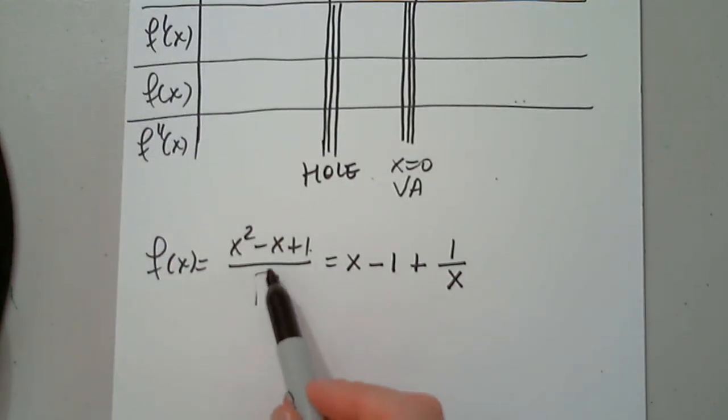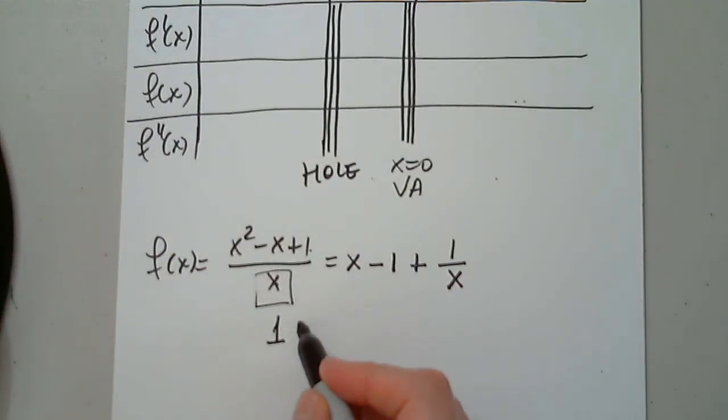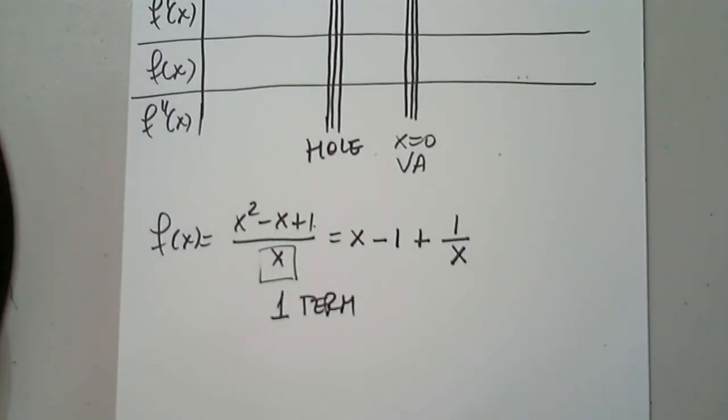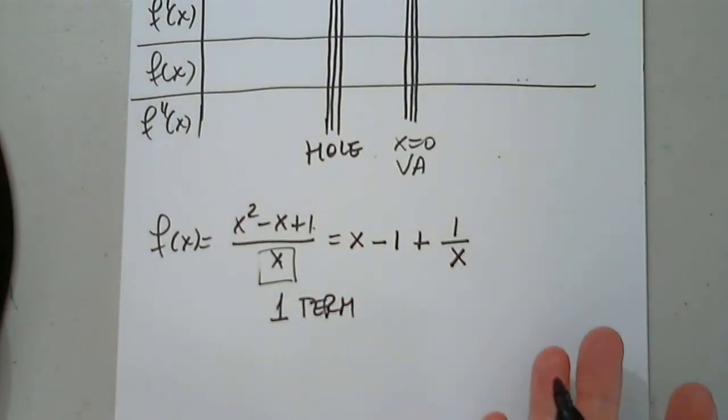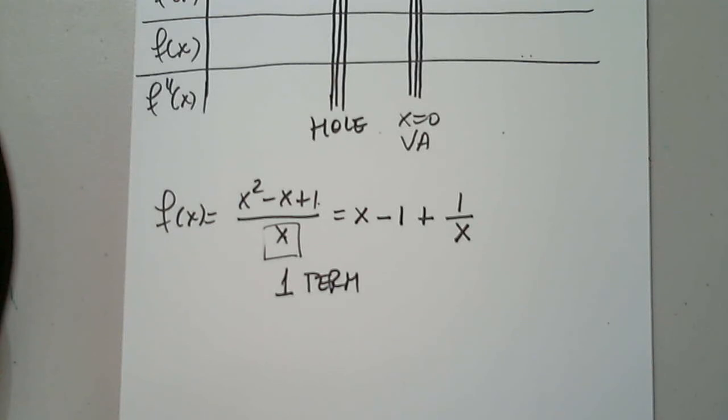I will always do this if the denominator is one term. Why? Because everything I do will be very simple when it comes to the derivative.